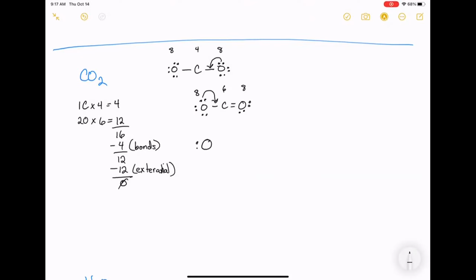And when we do so, the structure that emerges is this structure. And if you calculate the number of valence electrons, you'll find that everybody has 8. And because carbon is in period 2, that's all we need is 8, because carbon cannot have an expanded octet. So our Lewis structure is going to be the carbon with the 2 double bonds. This is our Lewis structure.